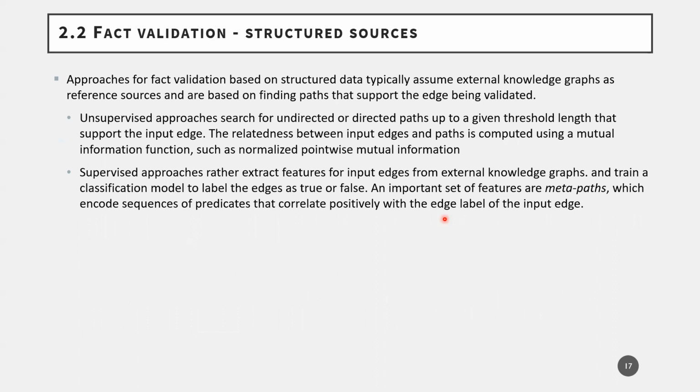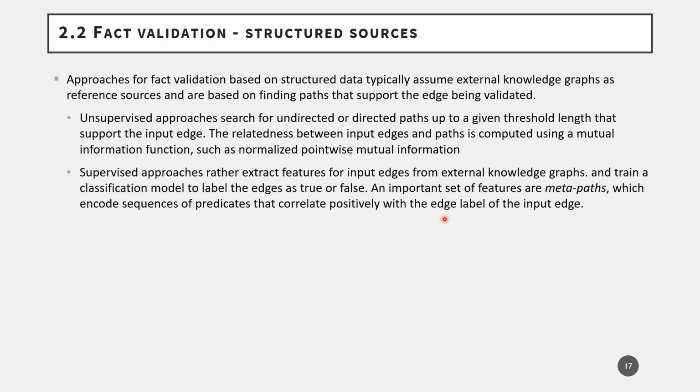For the case of structured sources, approaches typically assume an external knowledge graph as reference source and are based on finding paths that support the edge being validated. We have unsupervised approaches that search for undirected or directed paths up to a given threshold length that support the input edge.